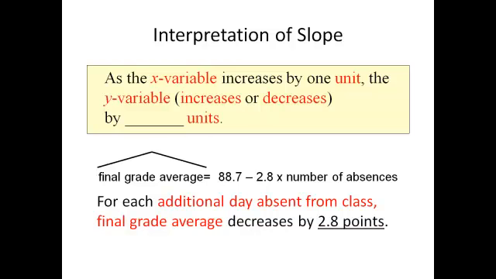Why does it decrease? Because the sign on our slope is negative. So as the number of absences increase, final grade average tends to decrease.